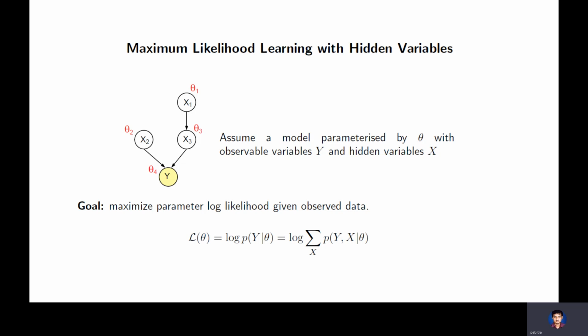So still you can write a log likelihood function. We denote it as script L of theta, which is the log of the output y given the values of theta.